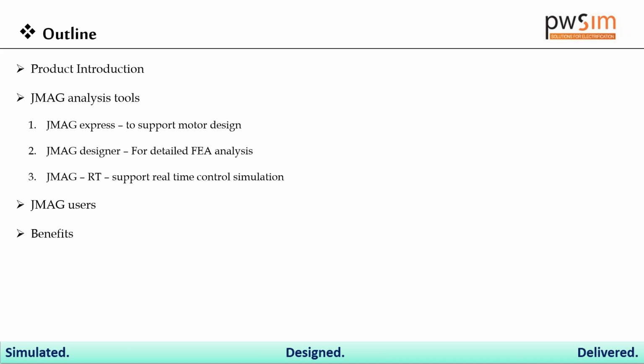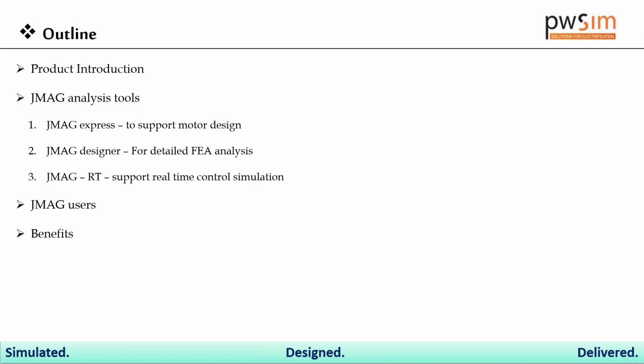If you want to fine-tune your model, you can directly import the model that you have done in JMAG Express into the JMAG Designer module, and here is where you do the finite element analysis. Whatever parameter or constraint you are focusing on, you can finely mesh that model and see for yourself how much accuracy you are getting out of your simulation in JMAG Designer.